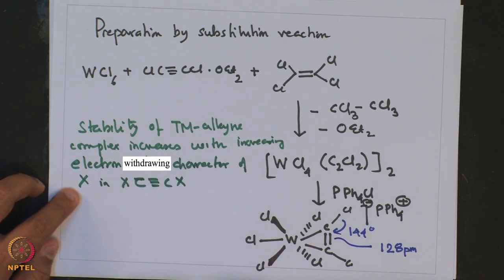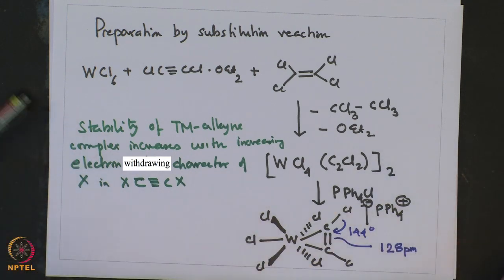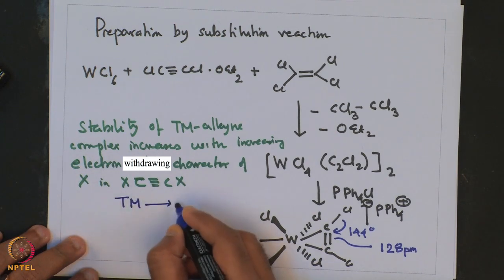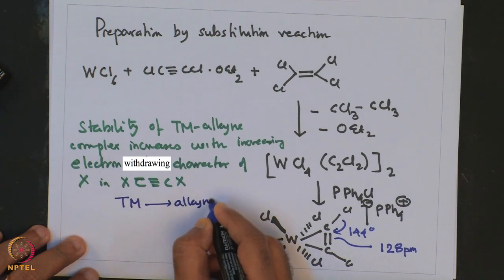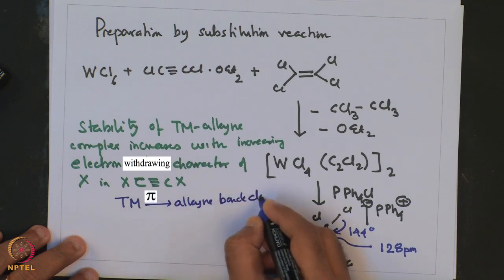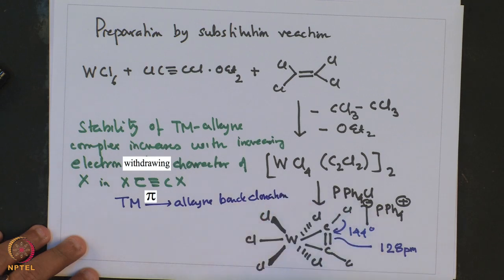So, more electron withdrawing character of X would result in transition metal to alkyne pi back donation, resulting in stabilization of the metallocyclopropene type of intermediate.